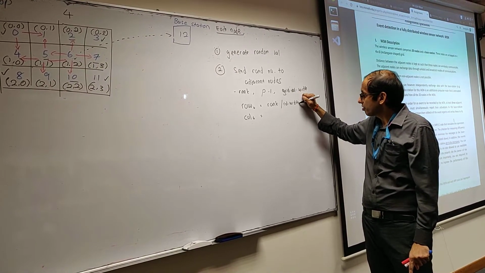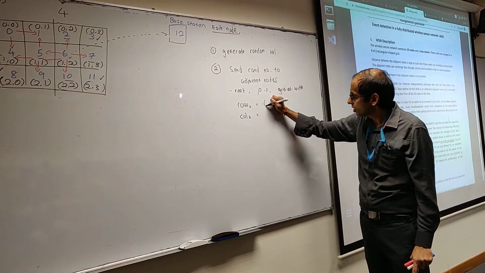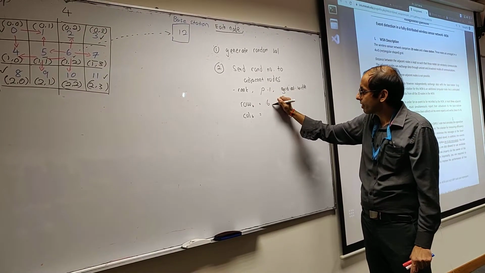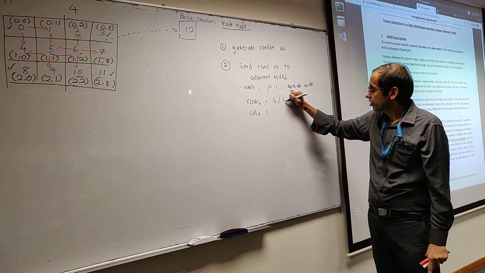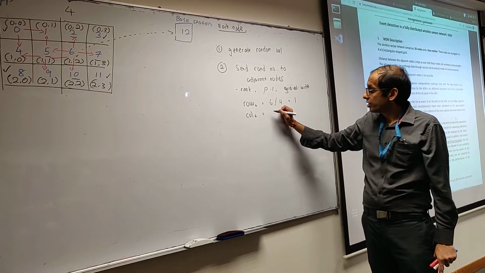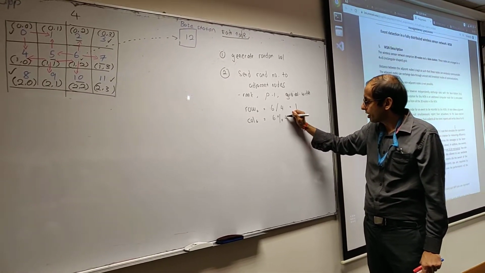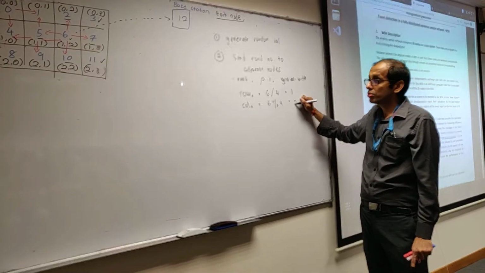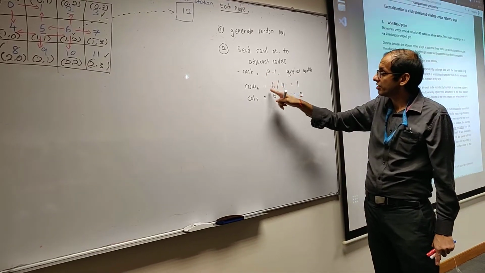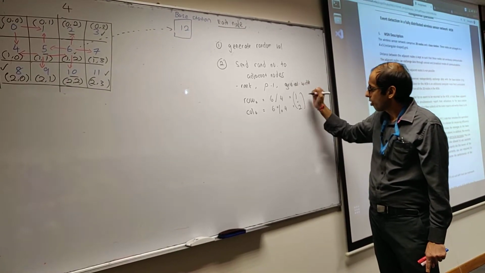In this case, rank 6 divided by 4 gives an integer value, 1. And then the column position is the remainder of 6 divided by 4, which is 2. So for rank 6, the two-dimensional index is 1, 2.